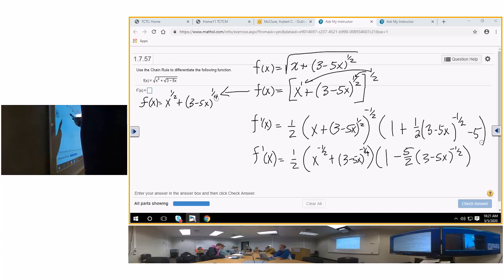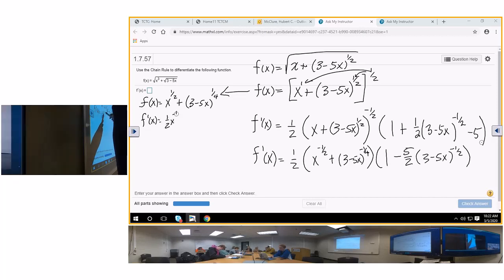And then that's going to give me f prime of x is equal to 1/2 x to the negative 1/2 plus 1/4 3 minus 5x to the negative 3/4 multiplied by negative 5. I believe this will be easier.